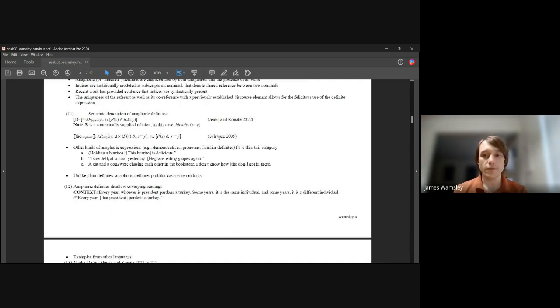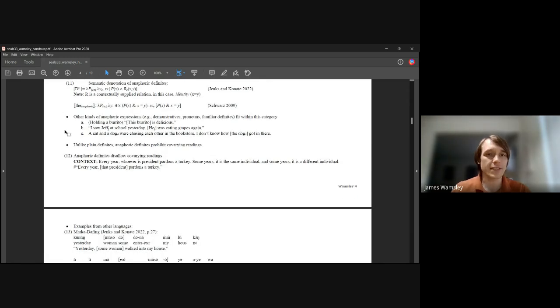So we can try to breeze through this, but here are two lexical entries for anaphoric definites, and how this differs from unique definites is that there's this additional component that identifies the referent with the variable that is equal to a previously mentioned discourse referent.